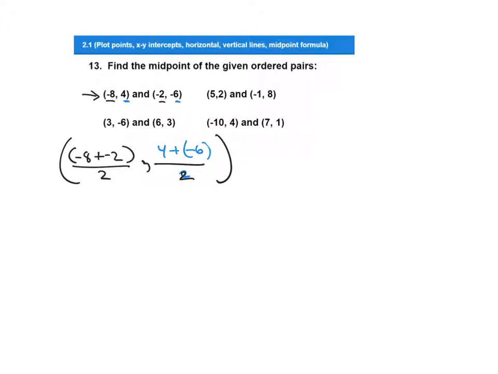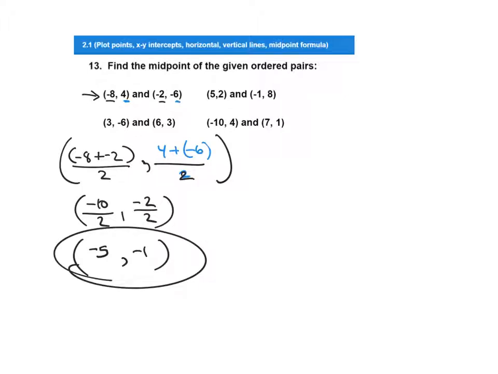And then -8 plus -2 is a -10 divided by 2. 4 plus -6 is -2 divided by 2. So -10 divided by 2 is -5. -2 divided by 2 is -1. So -5, -1 would be the midpoint between those 2 points.